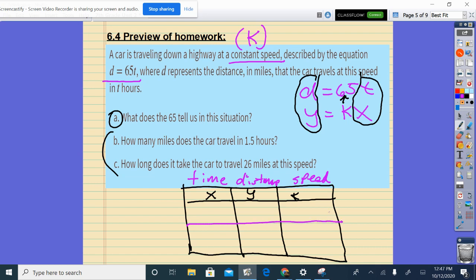Then you can just fill this out. How many miles does a car travel in 1.5 hours? You've got to find Y. And how long does it take for the car to travel 26 miles at this speed? You need to find the K also. This is just an example of how I would solve this problem, so I hope it gives you some ideas of how you can solve yours.